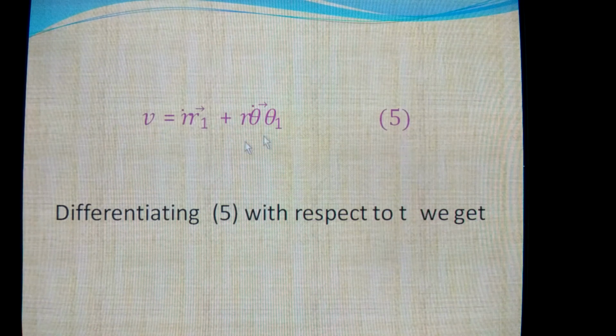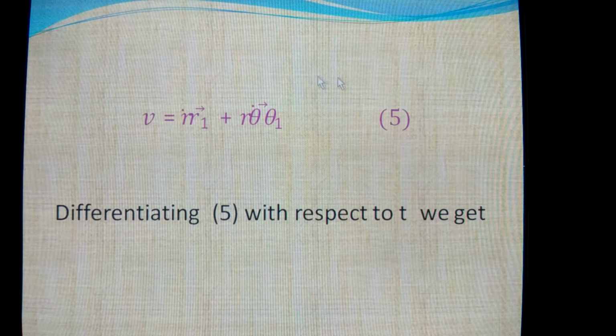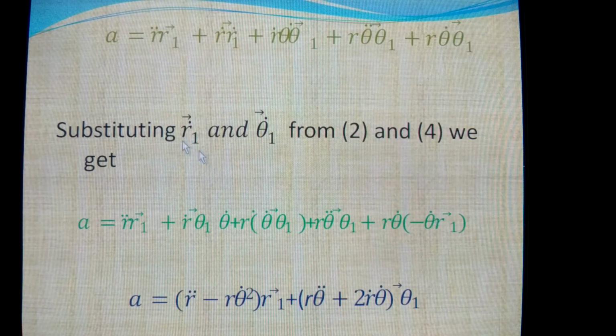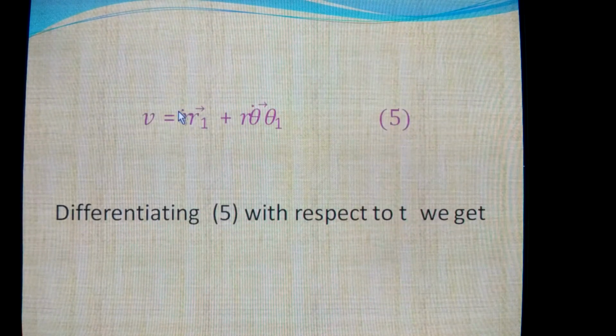So now this is the velocity term. To get the acceleration term, we differentiate this velocity v with respect to t. So when we differentiate, dv by dt gives the acceleration term a. Now we apply the product rule for this term.